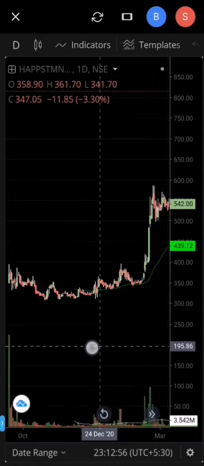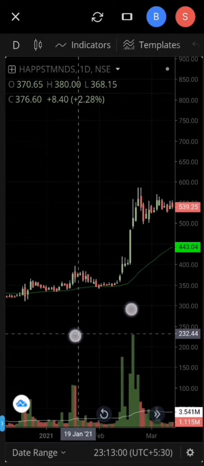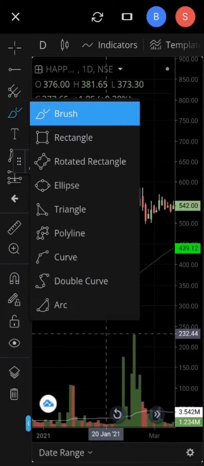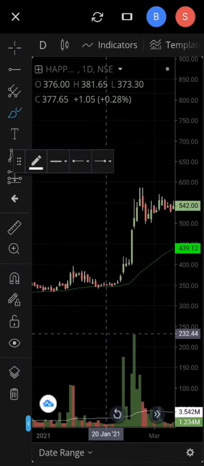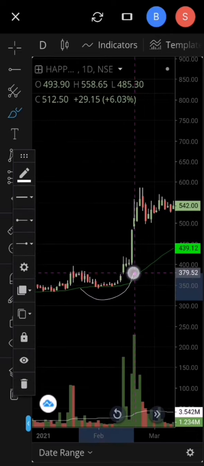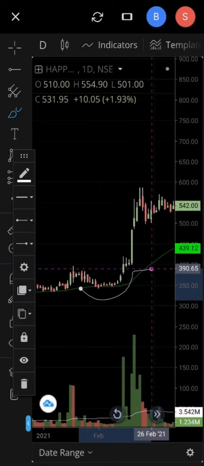Here what happened again was that there was another attempt by the stock to reclaim that price, and it successfully reclaimed the all-time high.